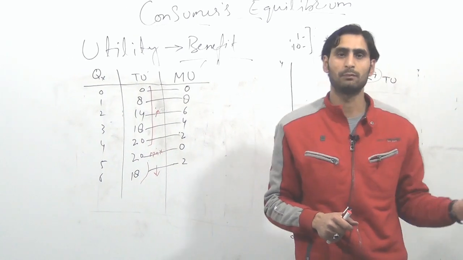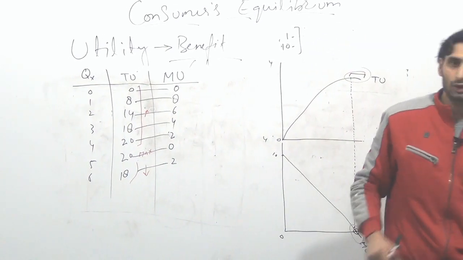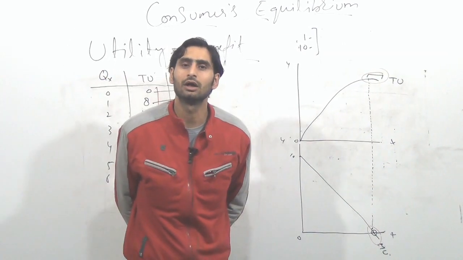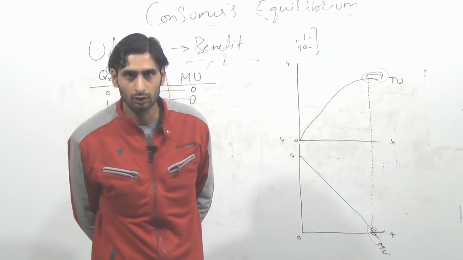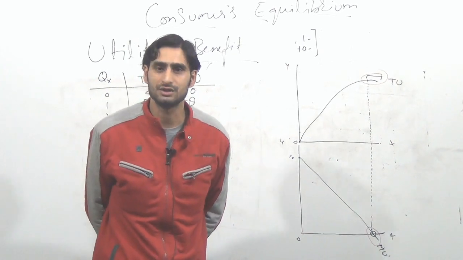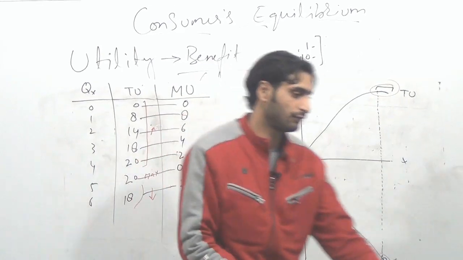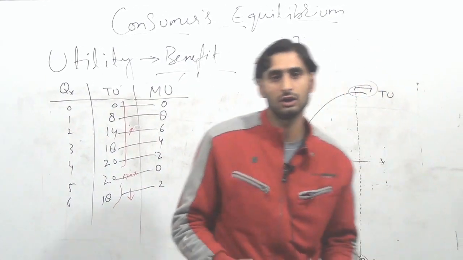The last but not the least, what we are talking about here in the context of utility is the law which we have to establish. That is called the law of diminishing marginal utility.